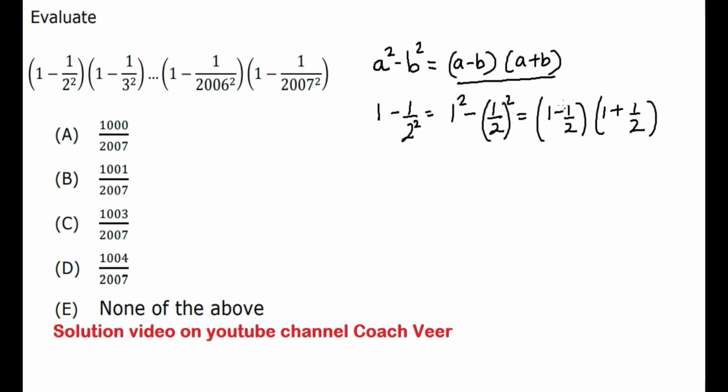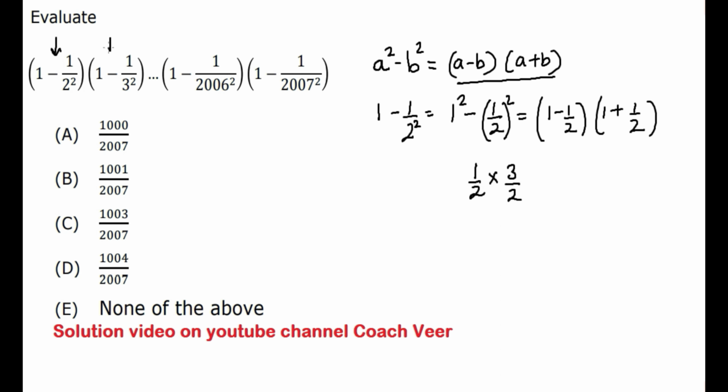Now if you solve this part, 2 minus 1 is just 1 by 2. And what about this part? This is 1 by 2 in addition to 1, so 3 by 2. This is the first thing we get from this term.